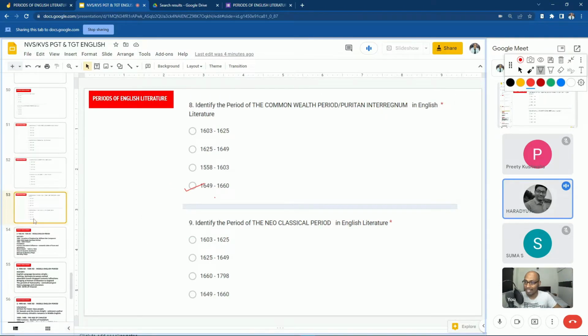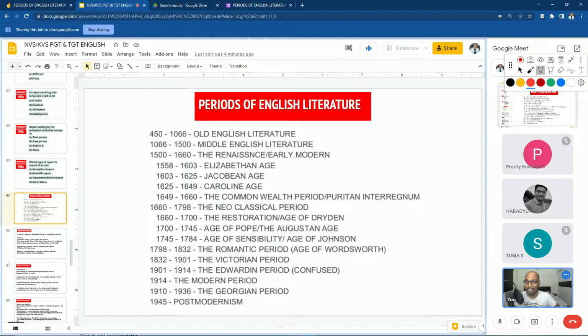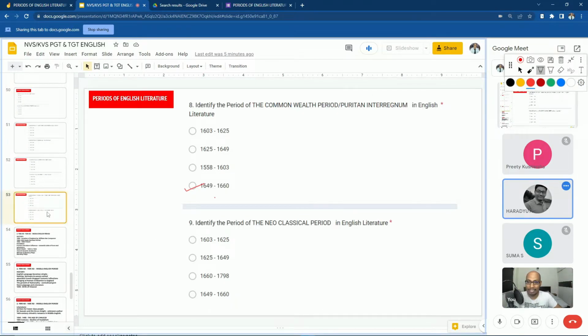Yes, 1649 to 1660. Again, we'll go back. 1649 to 1660 is the Commonwealth period or Puritan interregnum, Ghosh. Yes, right.